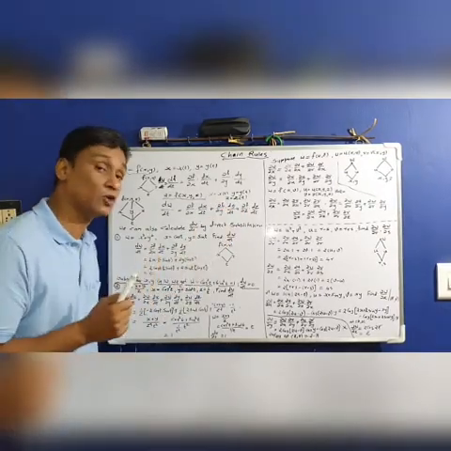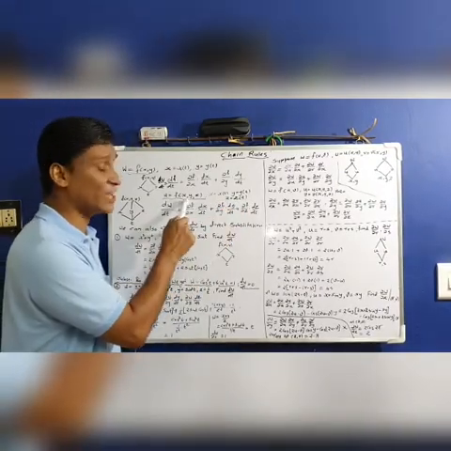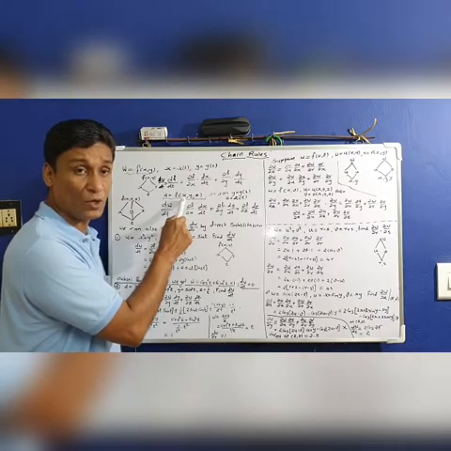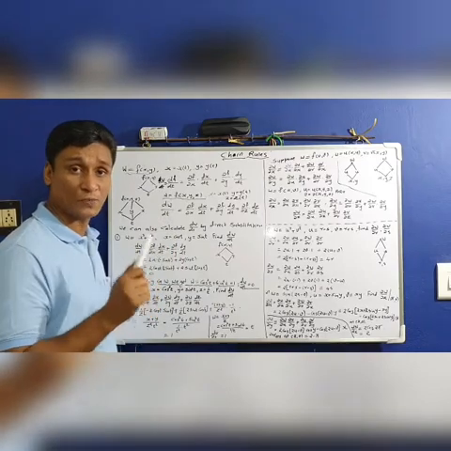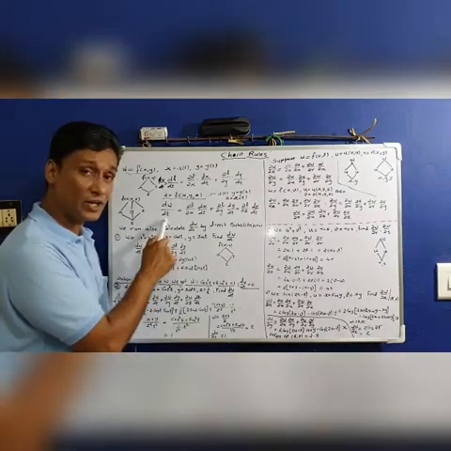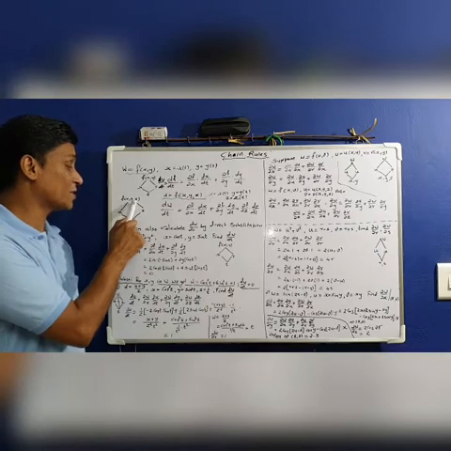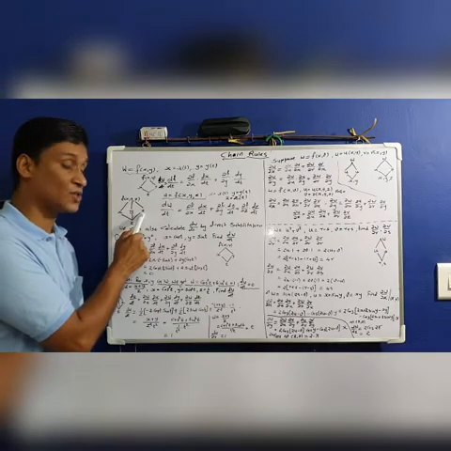Again you can find the total derivative. The only thing is that you have 3 variables in this stage, w equal to f of x, y, z. So you can again find the total derivative of w with respect to t, that is dw by dt. This will be the figure. f of x, y, z is a function of x, y and z.